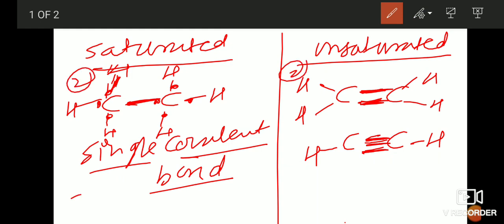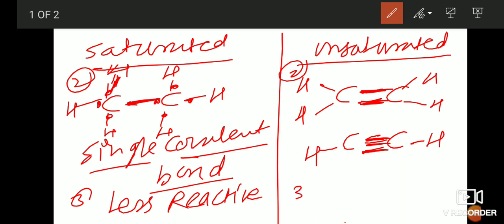Now the third difference is very important. Saturated compounds are less reactive, while unsaturated compounds, that is alkenes or alkynes, are more reactive. Now definitely the question will be in front of you: why are they more reactive?